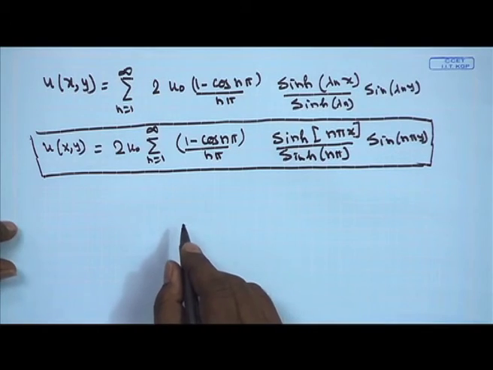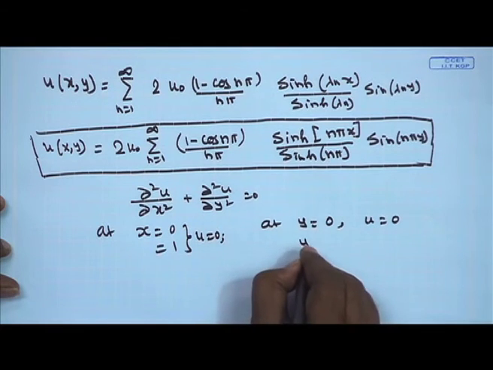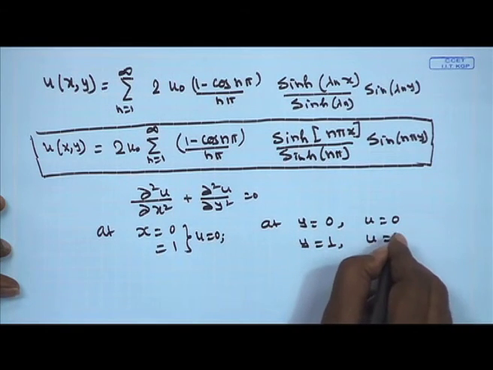Similarly, we may have a non-homogeneity in the y direction, and boundary conditions in the x direction may be homogeneous for a well posed elliptical partial differential equation. That means we may have a problem like this: del square u del x square plus del square u del y square equal to 0, with u equal to 0 at x equal to 0 and 1, u equal to 0 at y equal to 0, and u equal to u naught at y equal to 1.